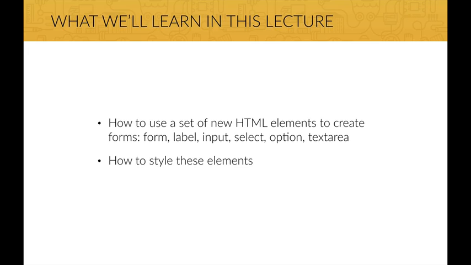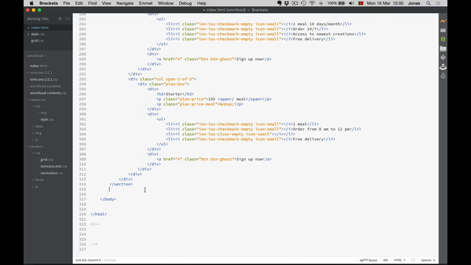So let's do this. So back in our Brackets app, we'll create yet another section. This one called section form. And once again, we create a row here where we will put our title.